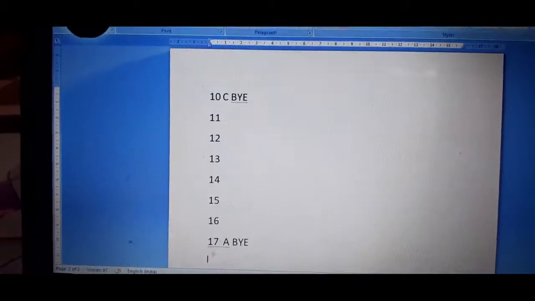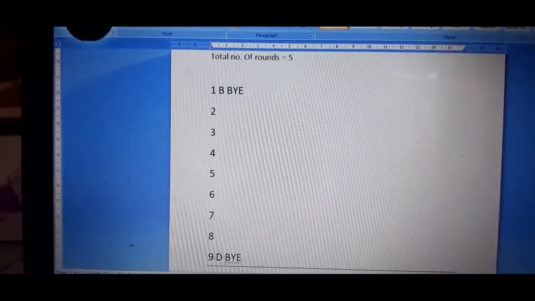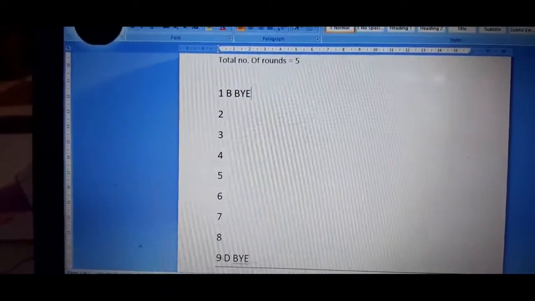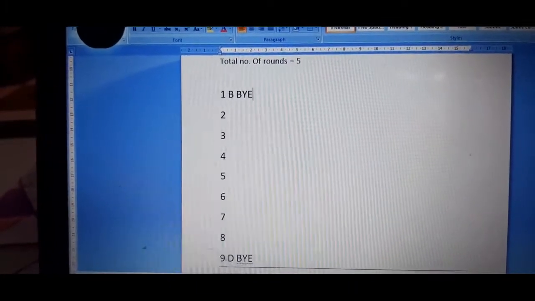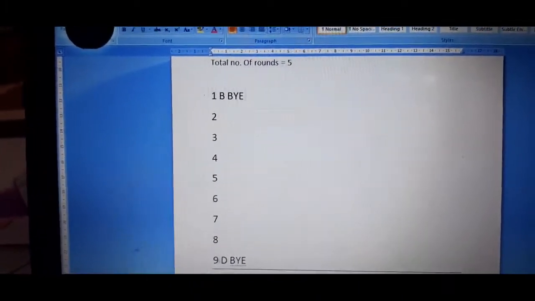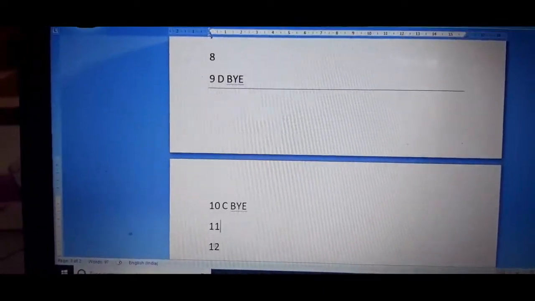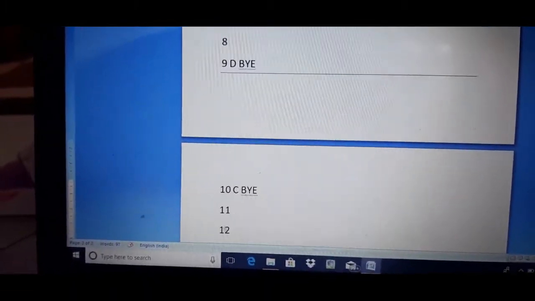Then the second bye is given to the first number. Here you can see b bye. So the second bye is given to the topmost number of the fixture. Then the third bye goes to the top number of the lower half, that is 10.